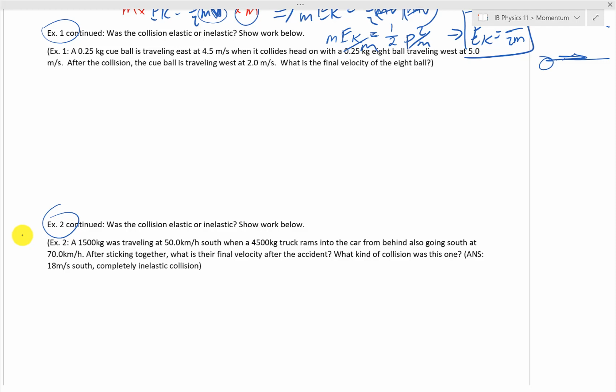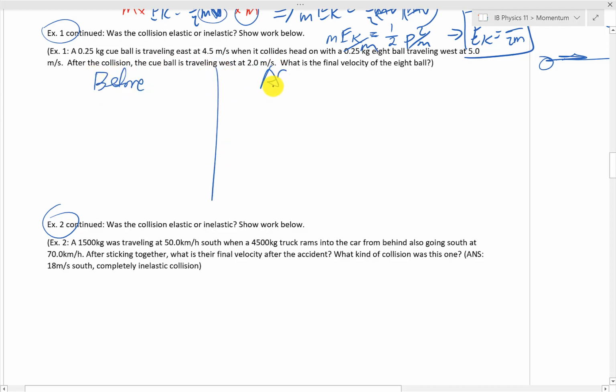Okay, let's get started. In order to figure out whether we have an elastic or an inelastic collision, we need to figure out whether or not the total energy before and after the collision was the same. So I'm actually going to do a table here, before the collision and after the collision.